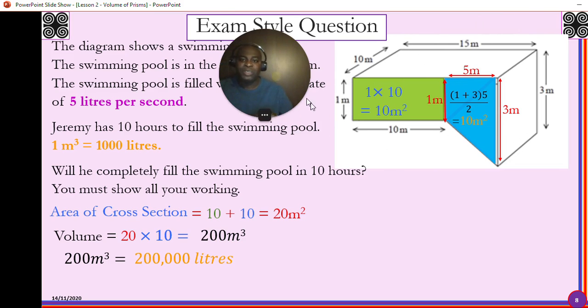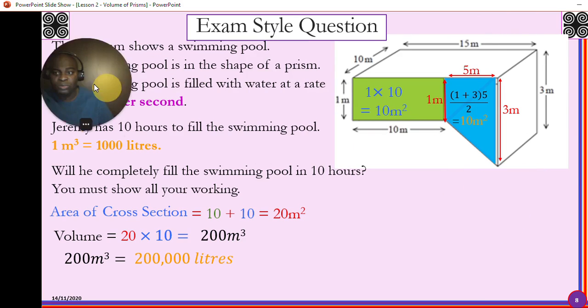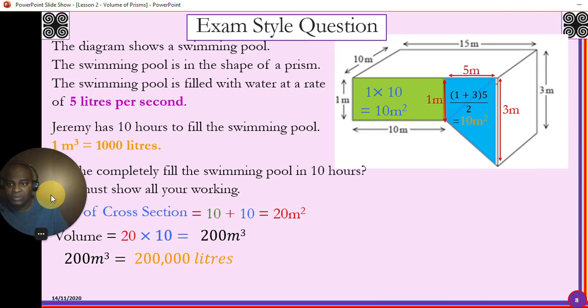Now at this point, there are different ways you could work this out. You can decide to see how long it will take to fill the pool with 200,000 liters of water, and you compare the time with 10 hours. That's another way of doing that. So that's what I'm going to do. I'm going to use the rate 5 liters per second.